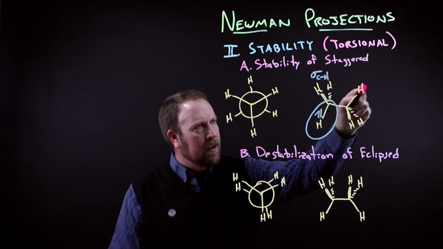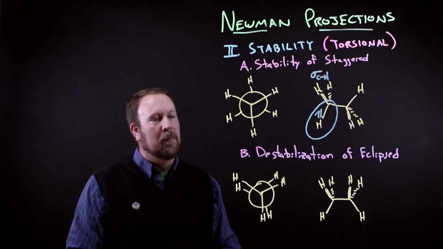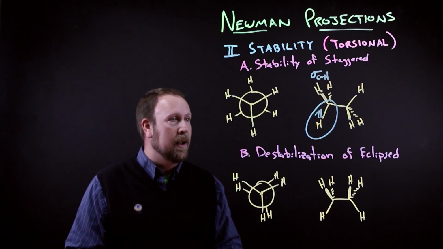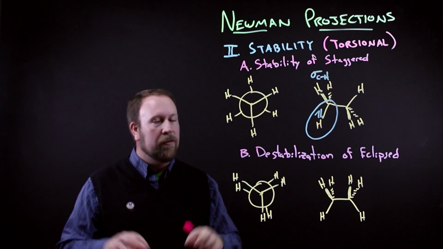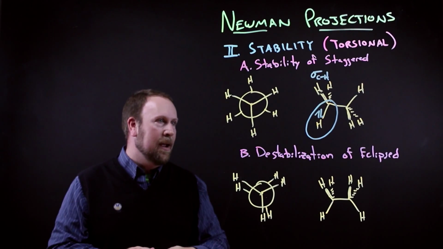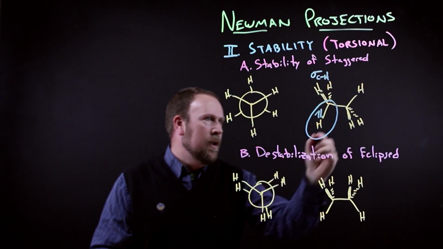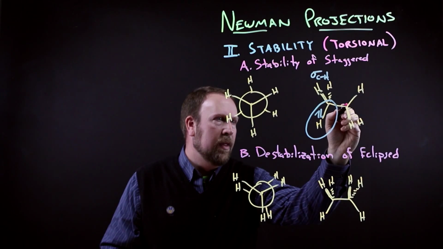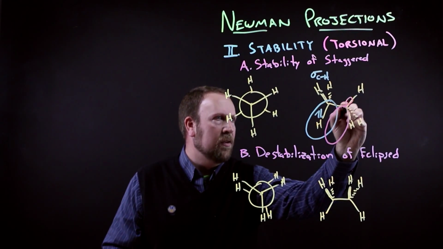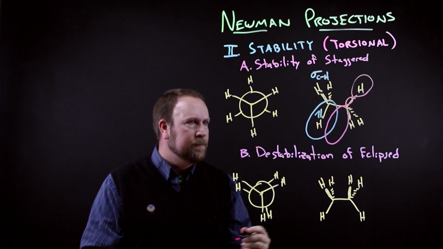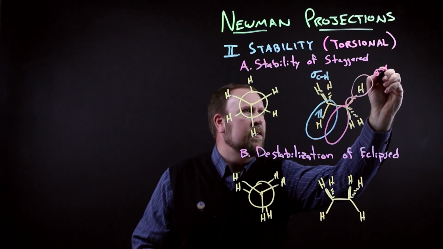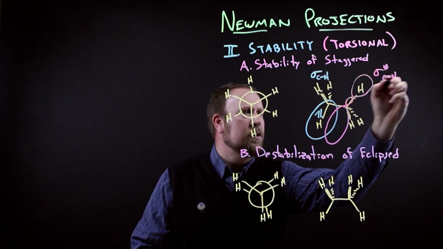But next to this we have another CH bond, but I'm not going to look at the bonding molecular orbital. Instead I'm going to look at the anti-bonding molecular orbital. Remember, when we form a molecular orbital, we form the bonding and the anti-bonding molecular orbitals. So the anti-bonding molecular orbital has a lobe that also extends down in this region. And there's some other stuff that's extended up here as well. So this is our sigma star CH.